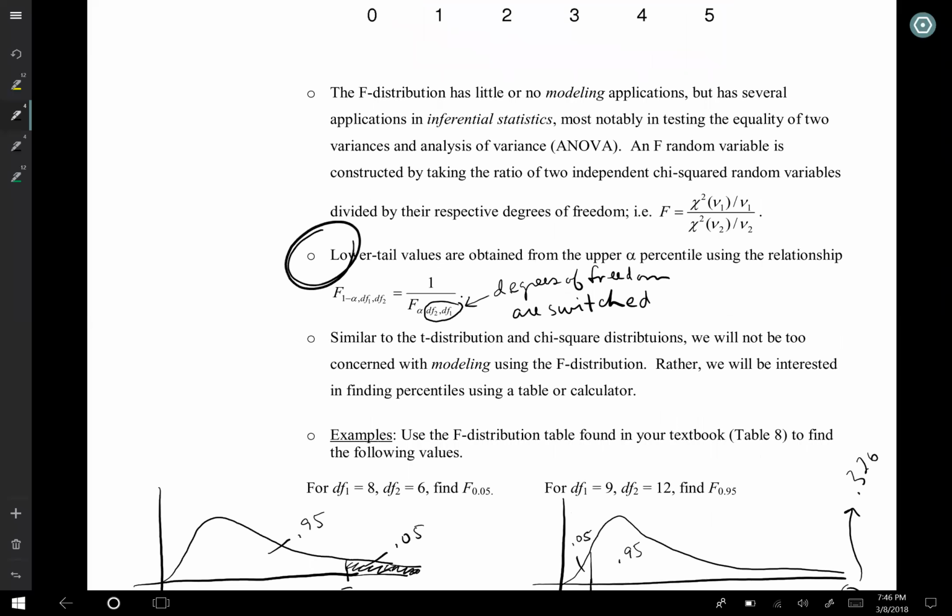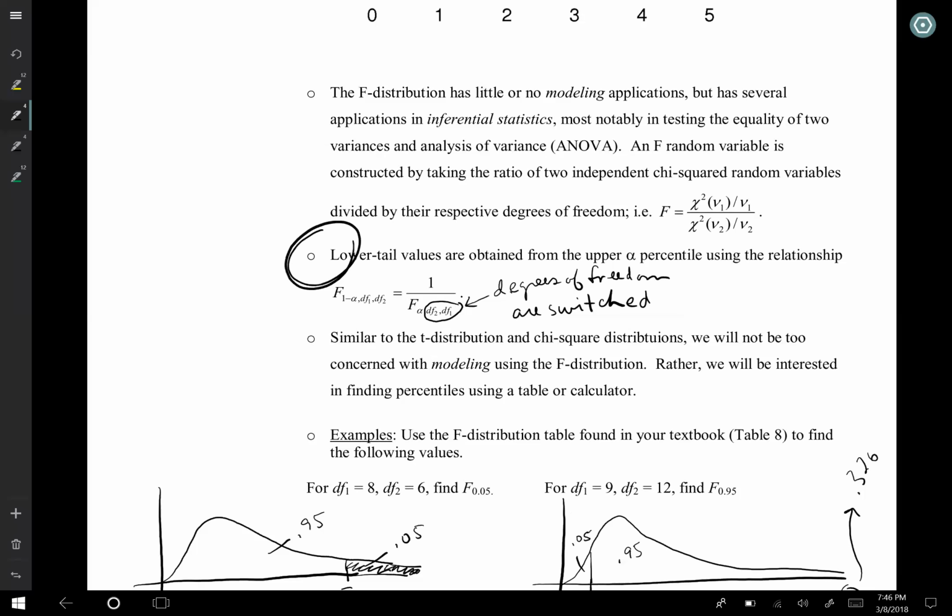You take the upper tail percentile, divide it into one, but also switch the degrees of freedom. Okay. That makes more sense. That's somewhat useful.